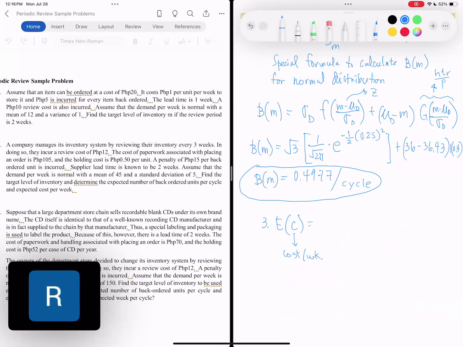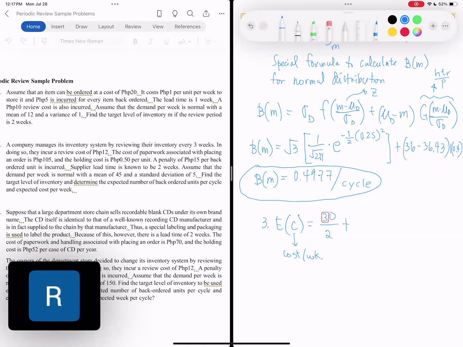Okay? So what's the formula? It's A over TR, right? So from there, you know that it's cost per week. So your A, let's substitute quickly. What is the A again? 30 divided by your TR, which is 2. That's the first part of the formula.